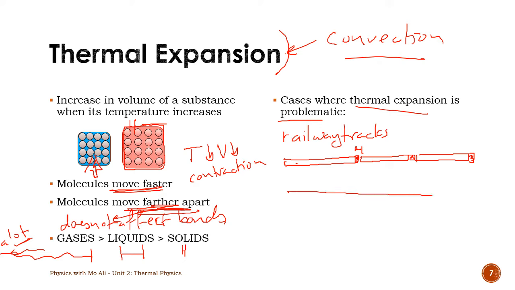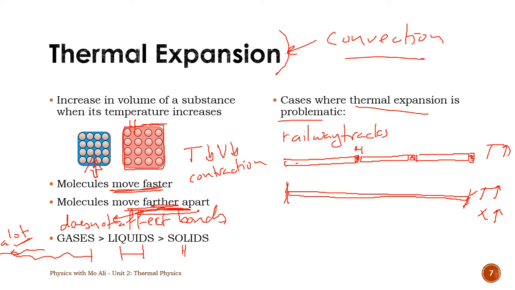So what would happen if you have a nice super long railway track? Well, what happens is this: because it's larger, even if you heat it the same amount, because it's a much longer piece in one shot, it expands more. The expansion increases even more. Usually railway tracks are fixed at their beginning and the end.